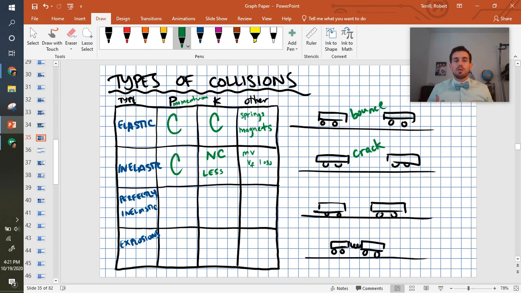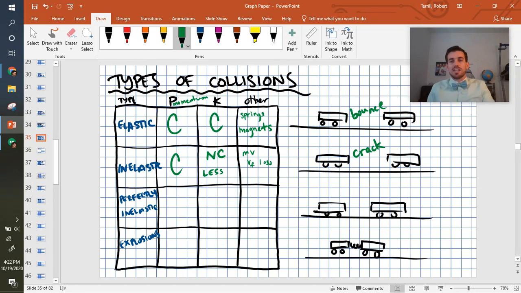So inelastic problems really consist of the majority of collisions that take place, and they're less ideal than the two extremes of elastic and perfectly inelastic. So realistically, they're the most common. Mathematically, conceptually, exam-wise, they're probably the ones you're least likely to see because there is a lot more wiggle room between elastic and perfectly inelastic.